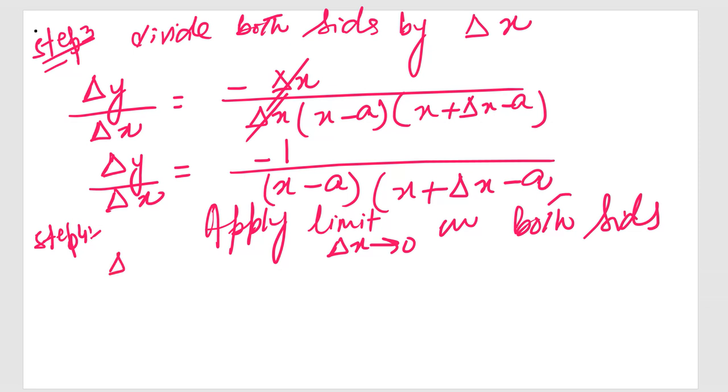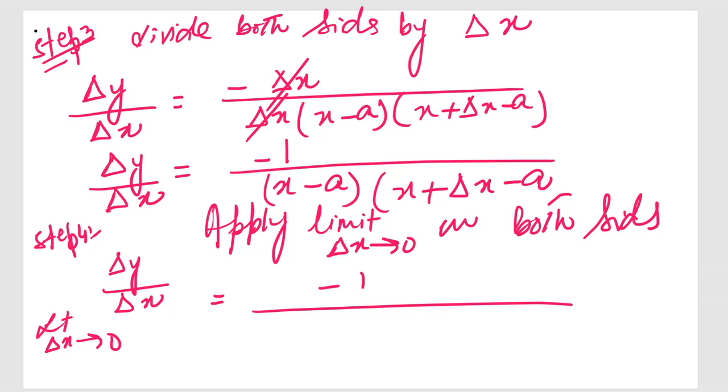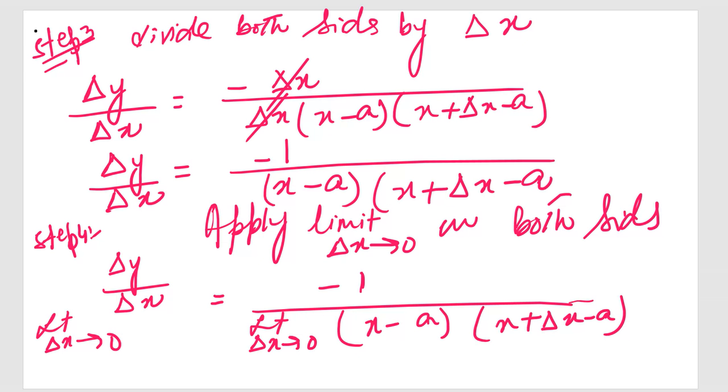So here is delta y over delta x, and limit delta x tends to 0, which is equal to minus 1. In the numerator we do not have anything, so we only write minus 1, and the limit we apply here: limit delta x tends to 0, x minus a into x plus delta x minus a. If we have these kinds of terms in the numerator as well, then instead of writing the limit here, you should write it there. It would apply to the numerator and denominator, but we do not have any delta in the numerator, so only for this.